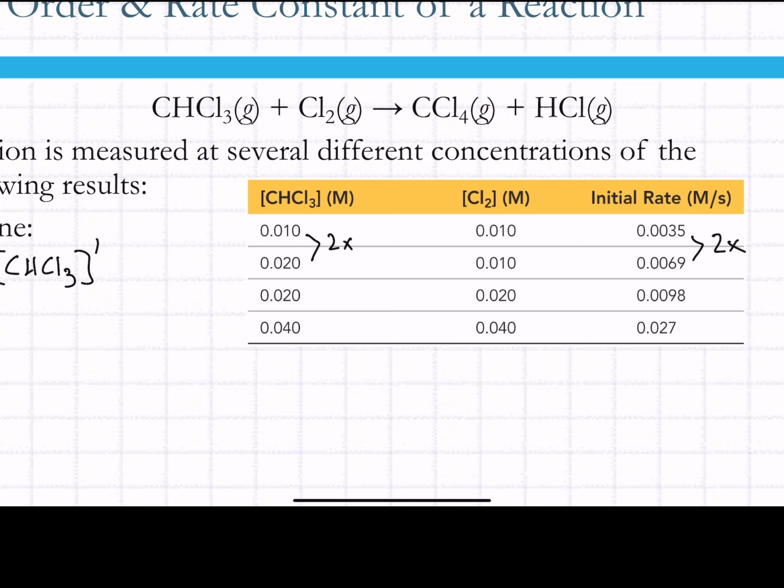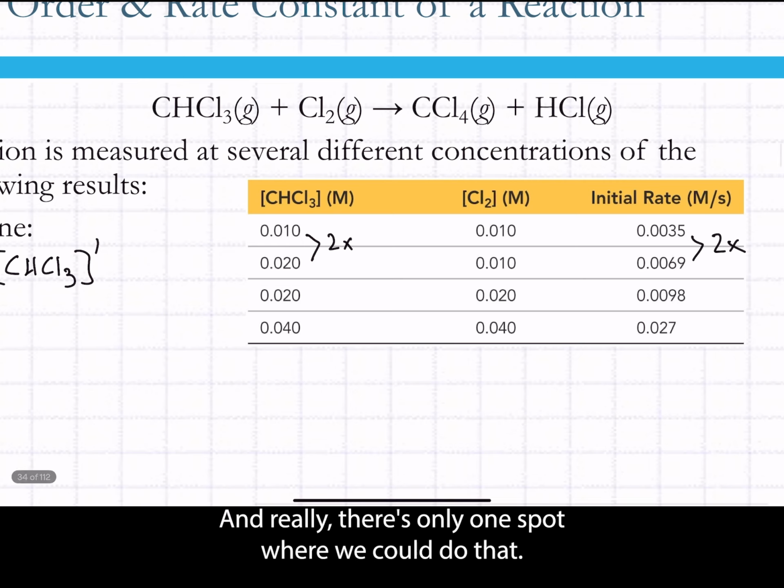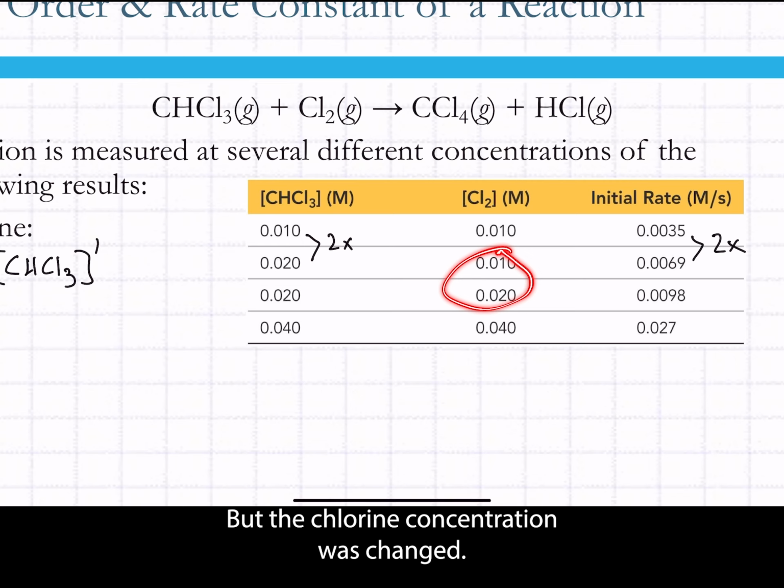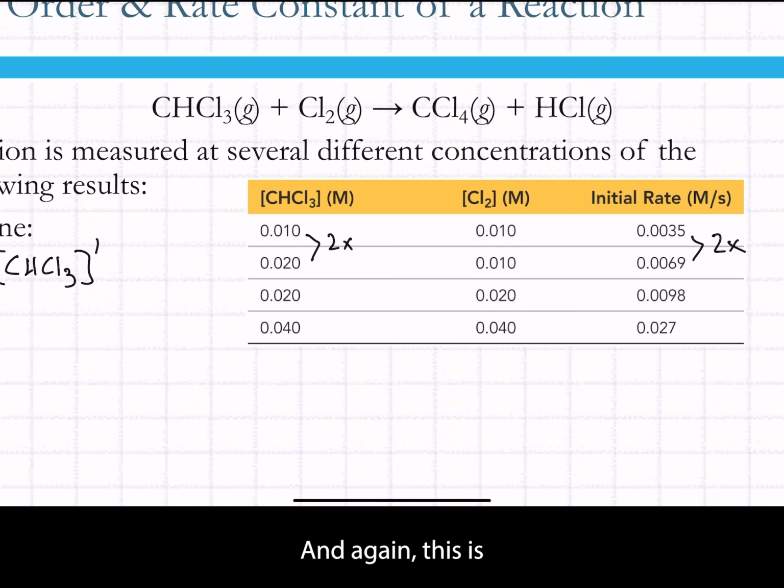Really there's only one spot where you can do that, because for these two experiments, chloroform stayed the same, but the chlorine concentration was changed. And again, this is 2x. But what is 0.0069 up to 0.0098? It's not 2x, it's about 1.5.